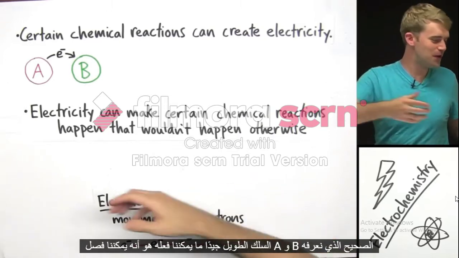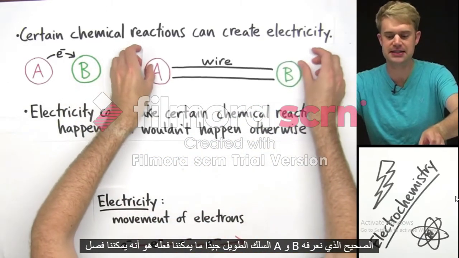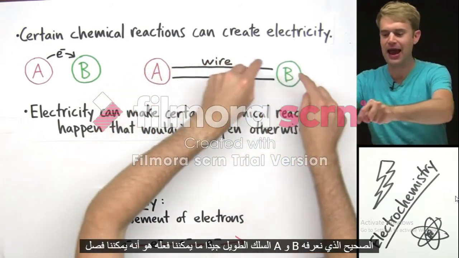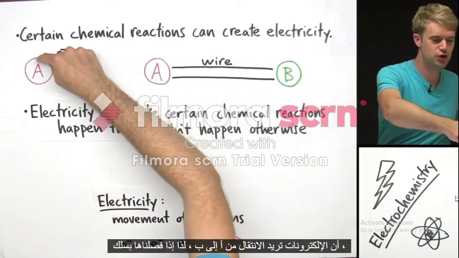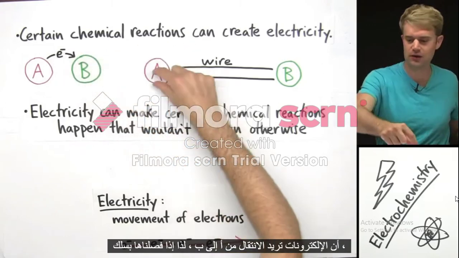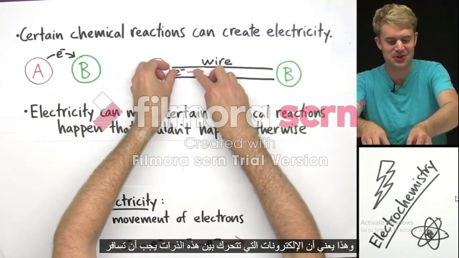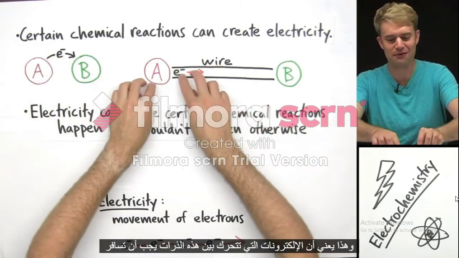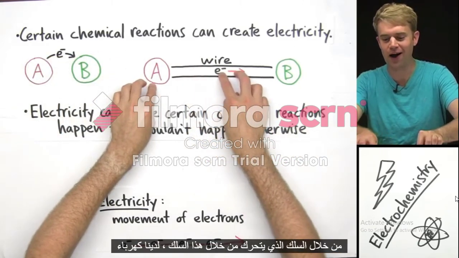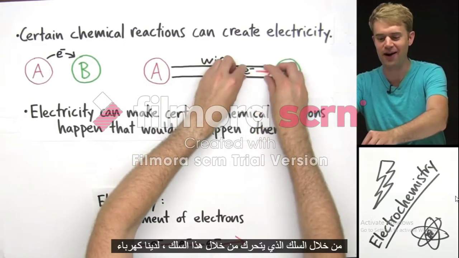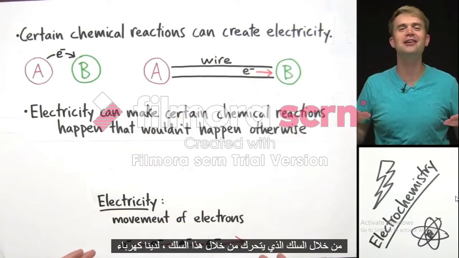Well, what we could do is separate A and B. We know that electrons want to move from A to B, so if we separate them with a wire, then the electrons moving between these atoms will have to travel through the wire, and bam, we've got electricity.